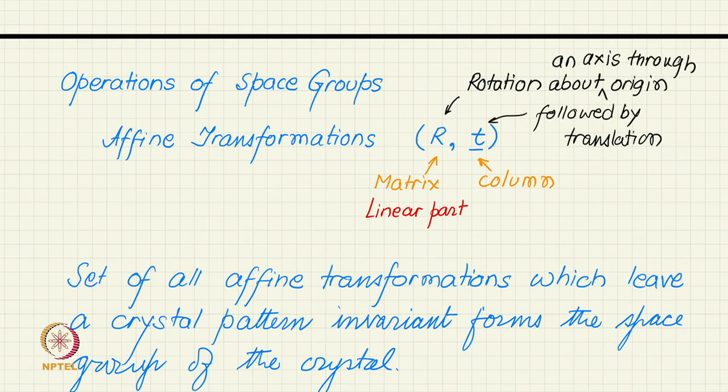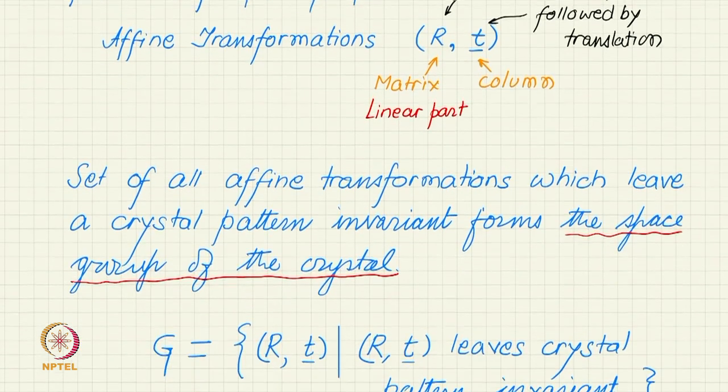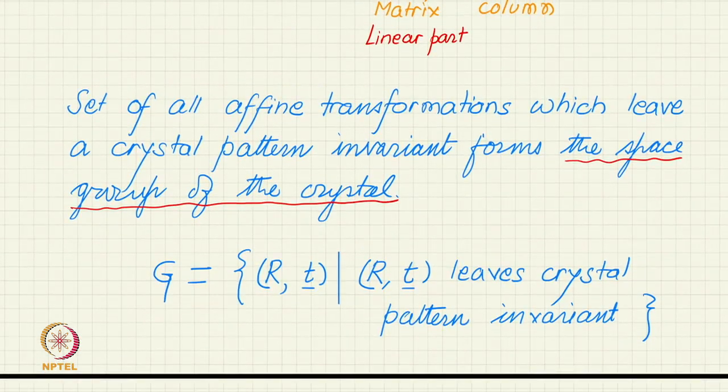So, the set of all affine transformations which leave a crystal pattern invariant forms a group, and this is what is called the space group of the crystal. So, we can say that the space group of the crystal G is the set of all affine transformations R T with the property that R T leaves the crystal pattern invariant, then only it is a symmetry operation.